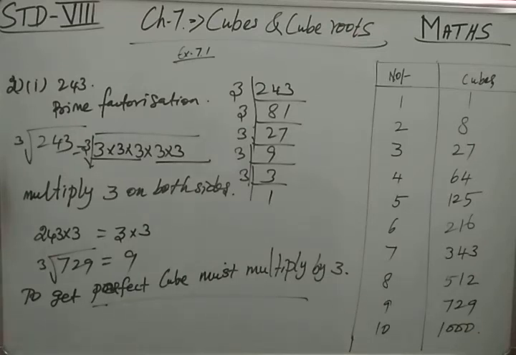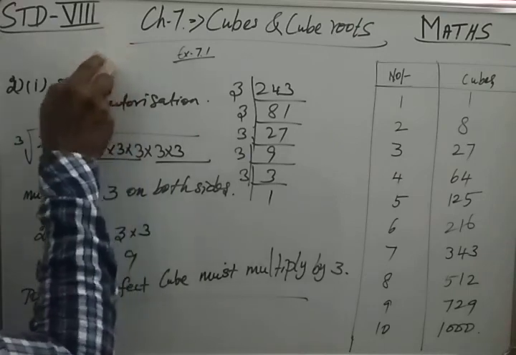Same like that the second one, they have given there 256.